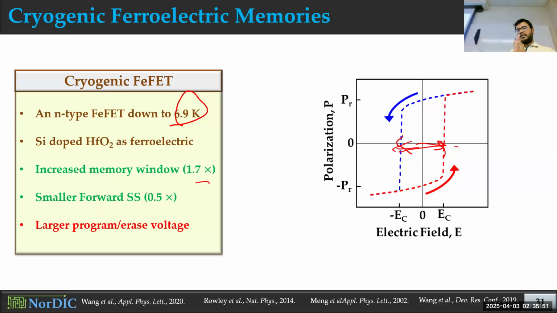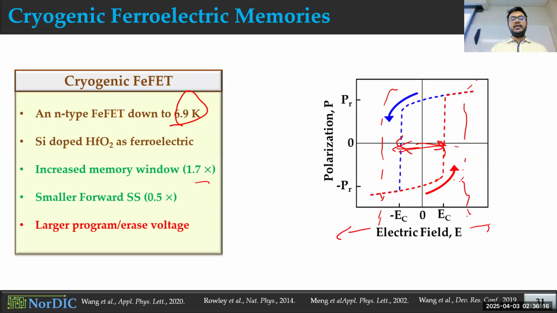If you have a larger memory window, that means your memory system will be more reliable, more robust to external variation. But if you have a wider memory window, for example, if this blue curve comes here and this red curve goes there, you have a higher memory window, but you see the switching thresholds here both actually increase, right?